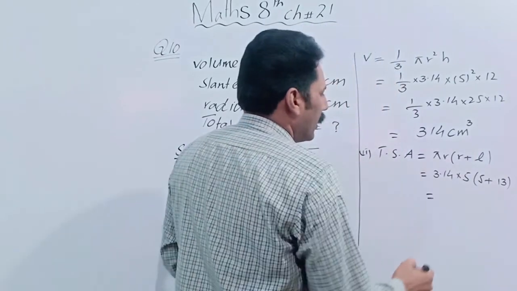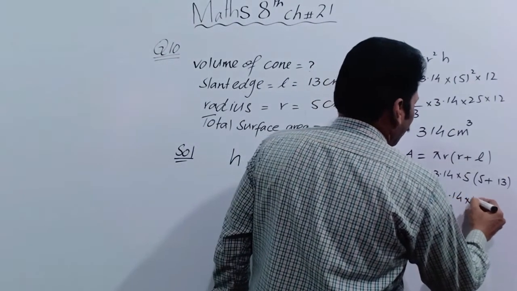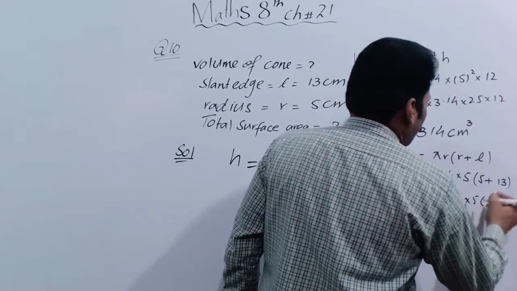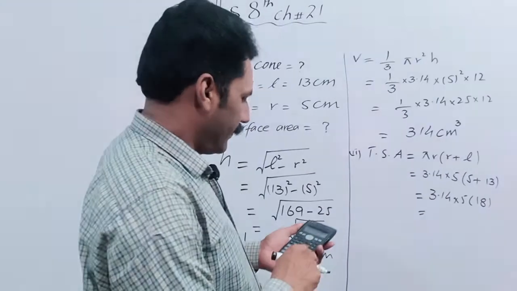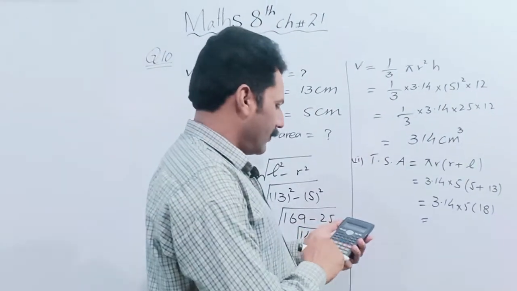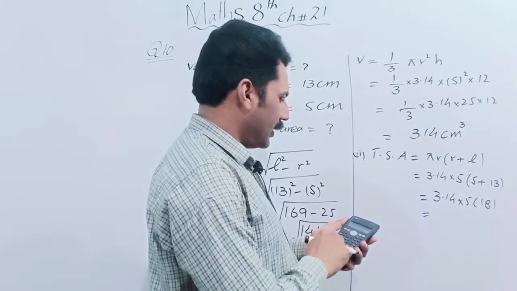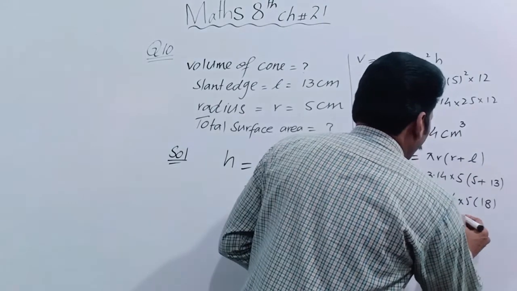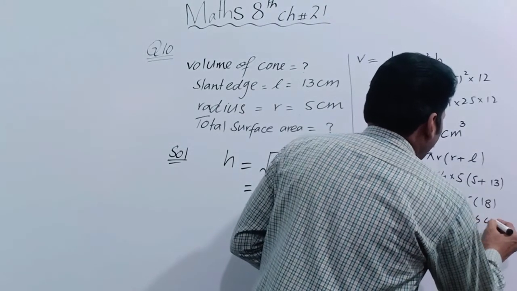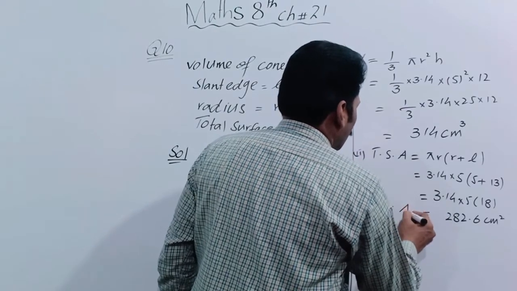So 3.14 multiply 5 into 18, because 13 plus 5 is 18. 3.14 multiply 5 and multiply 18, that is 282.6. 282.6 centimeter square. This is total surface area of cone.